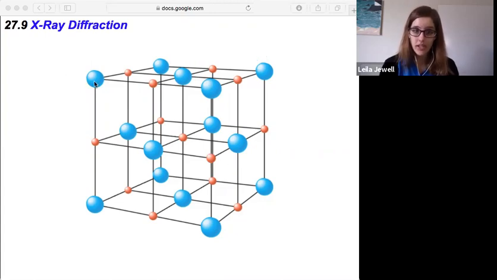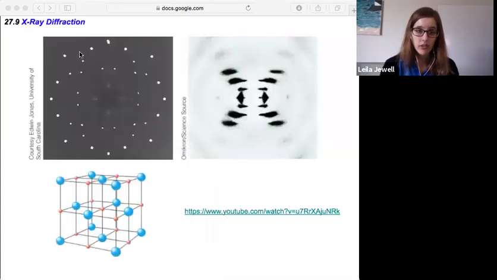So this is NaCl, rock salt, and this structure can be shown with diffraction. If you look at a diffraction pattern here, it looks very different, but that's because it's a two-dimensional representation. You could then reconstruct, and scientists have, to get this simple cubic form.